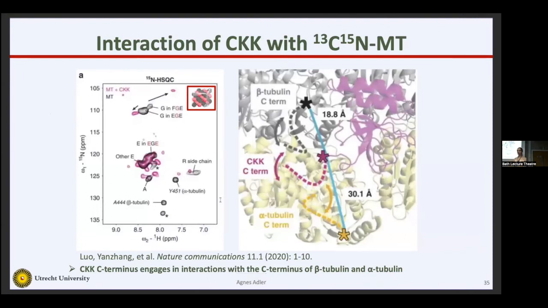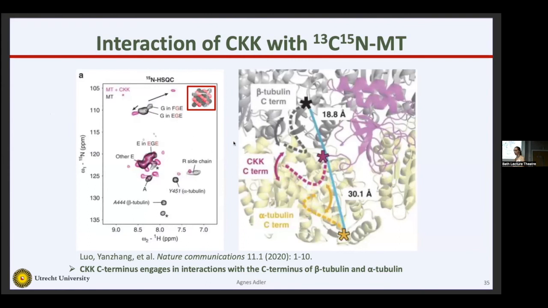Here my pre-PhD student already started to look into the interaction by labeling the microtubule and adding the CKK protein. And he actually observed shifts in the solid state spectra that clearly show that there's some interaction.